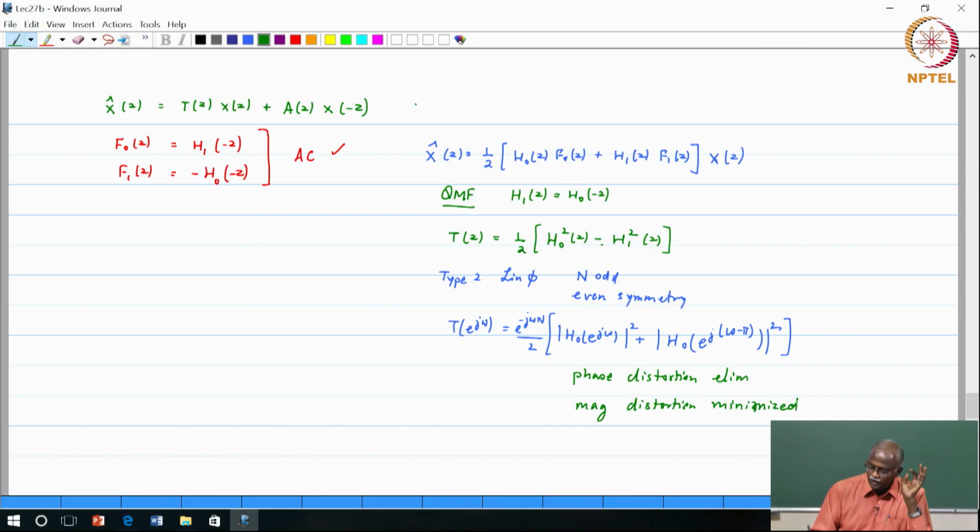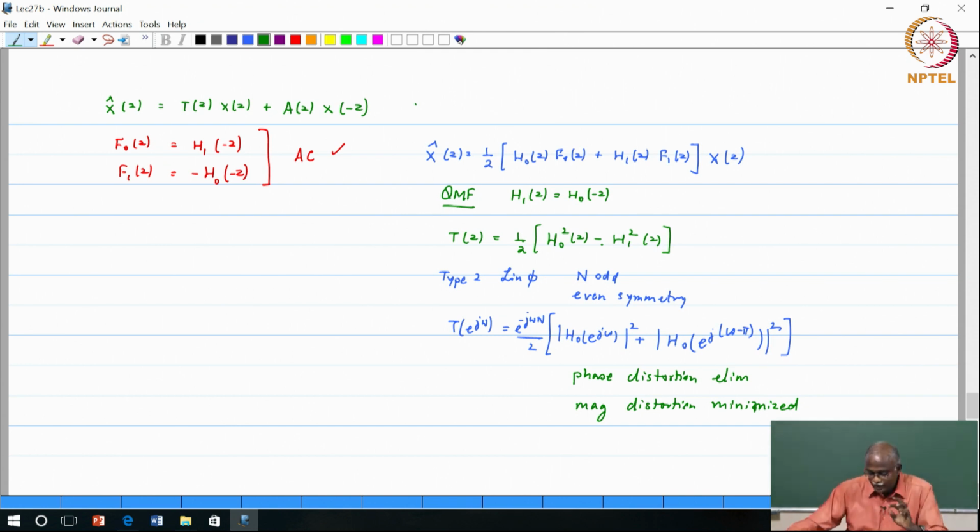Minimized. If you now go back and recall, how did we design these filters? We said if H naught is a low pass, F naught must also be a low pass. H naught is low pass, H1 should be a high pass, and F1 accordingly. Okay.